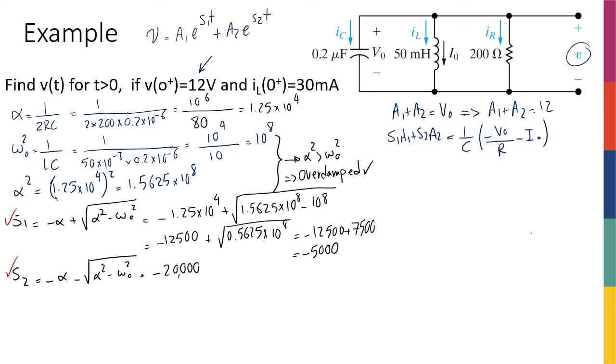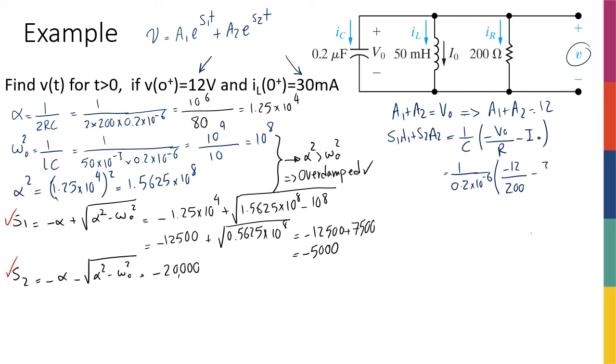Okay, so what is this? This is 1 over 0.2 times 10 to the negative 6, times V0 is 12, so minus 12 over 200. And I0 is this guy, 30 milliamp.